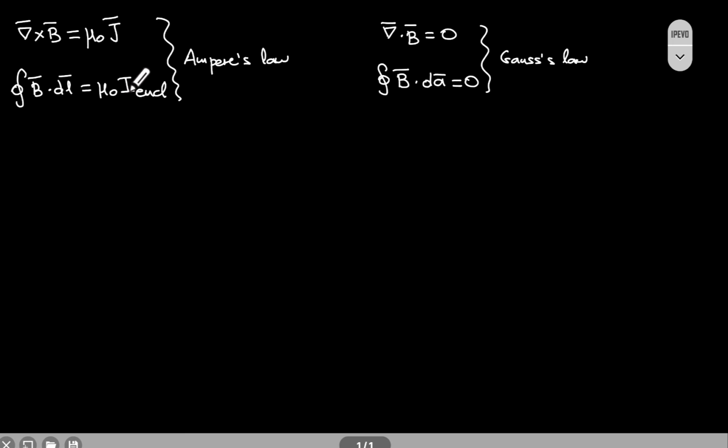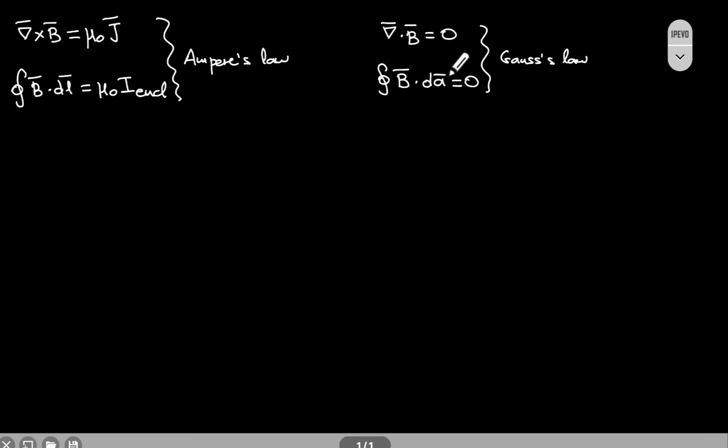Now, I want to talk a little bit about how you can use Ampere's law. I forgot to mention this. Regarding Gauss's law, there are not really many ways that you can use it. Since the right side is always 0, the only way that I can see using Gauss's law is if you're given a magnetic vector field pattern, you may be asked to determine whether that magnetic field pattern is consistent with Gauss's law or not.